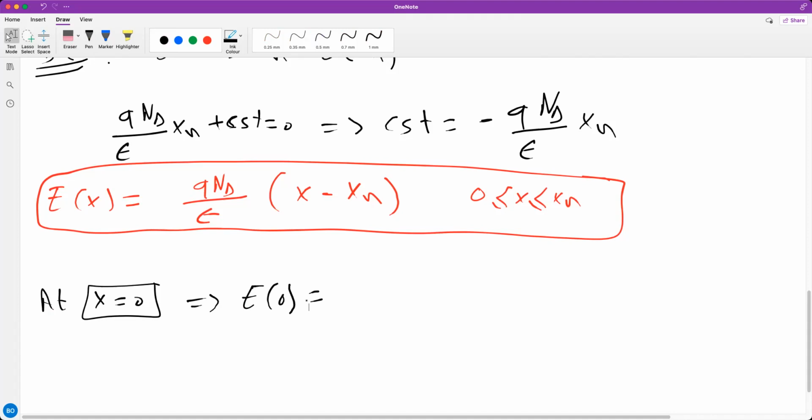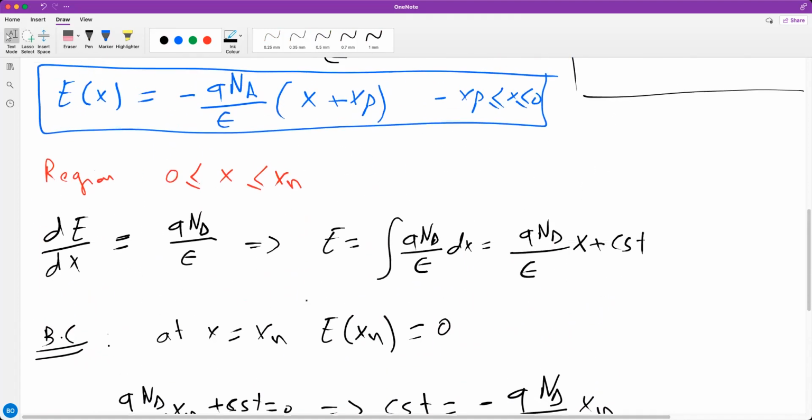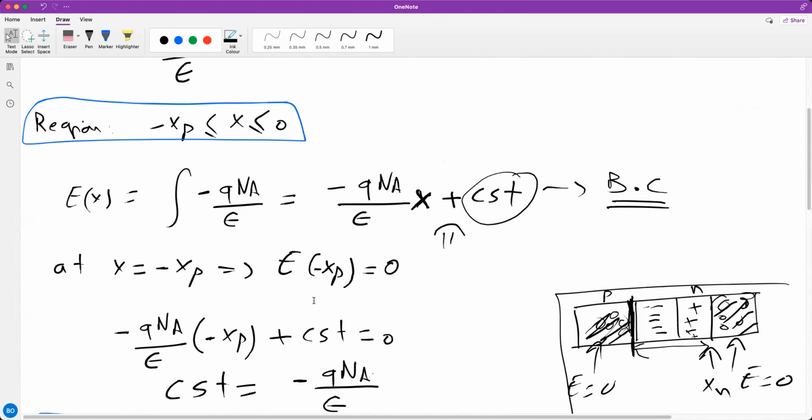At x equals 0. What is x equals 0? X equals 0 is the interface. This is x equals 0. It is the interface between the P and N type, which is the real interface of the junction.